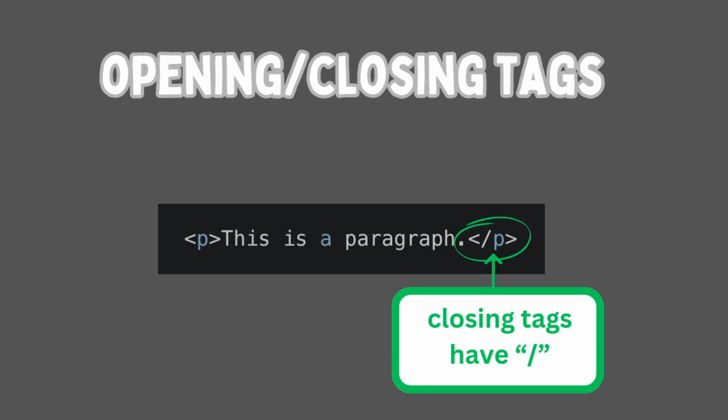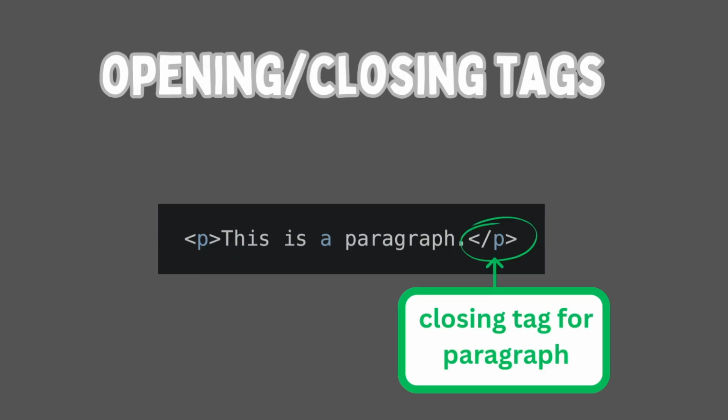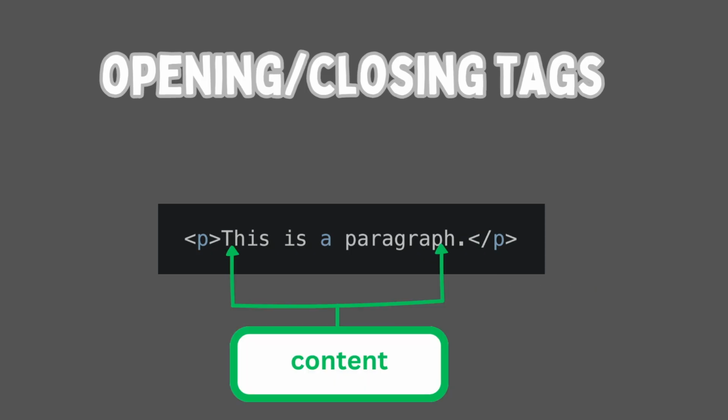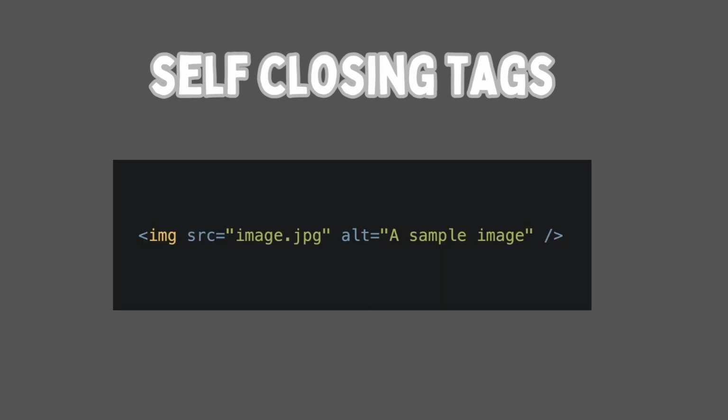In this example, the p tag is the opening tag for a paragraph, and the closing p tag is the closing tag. Everything between the opening and closing tags is the content of the element. Some HTML tags don't need a closing tag. These are called self-closing tags. For example, an image tag is self-closing, meaning you don't need to add an ending tag.